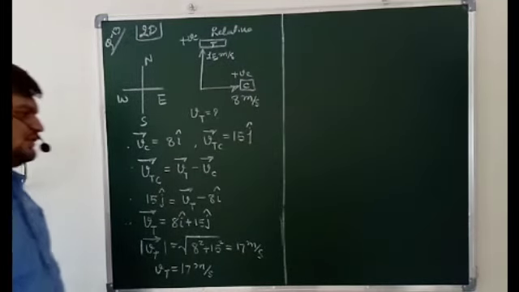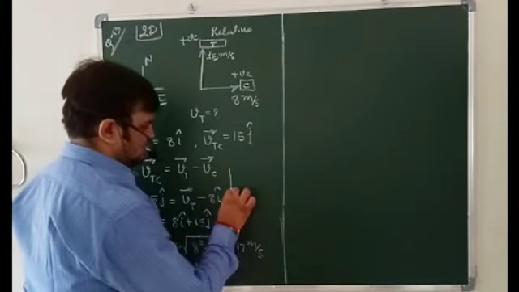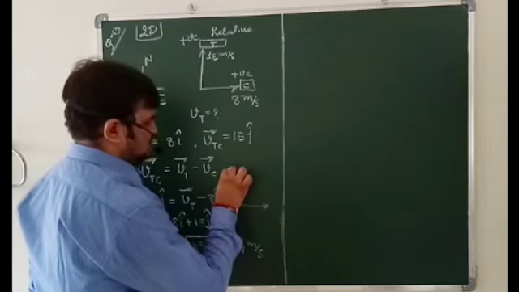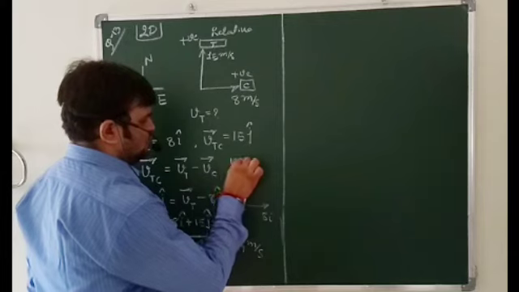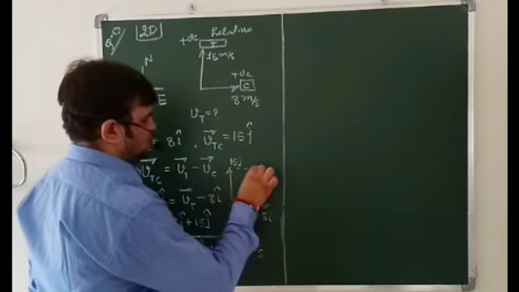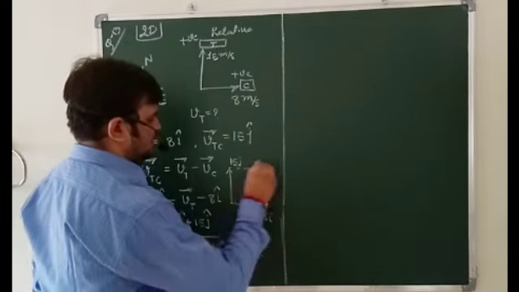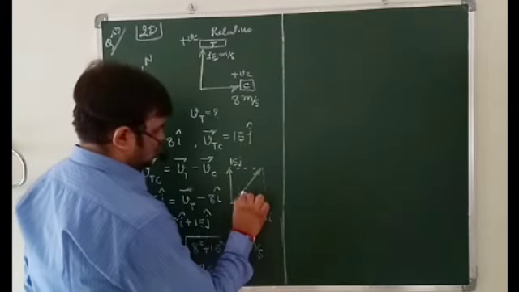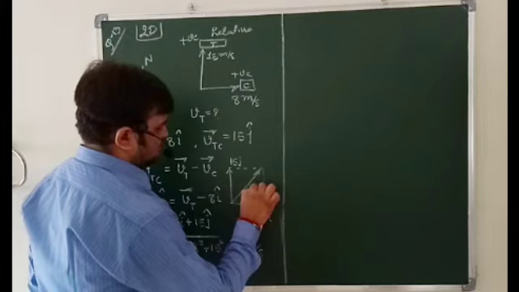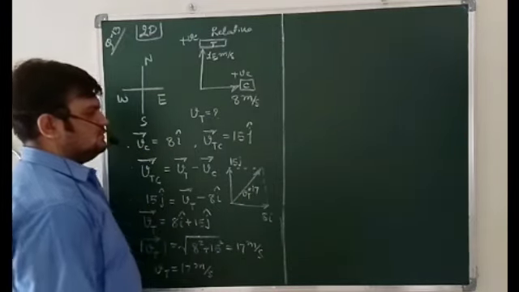And in the vector representation of this problem, we have 8i and 15j, and with the law of parallelogram, if we complete the parallelogram, the velocity of train Vt becomes 17.